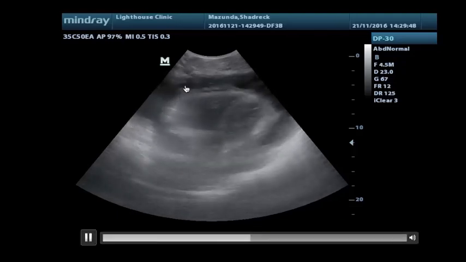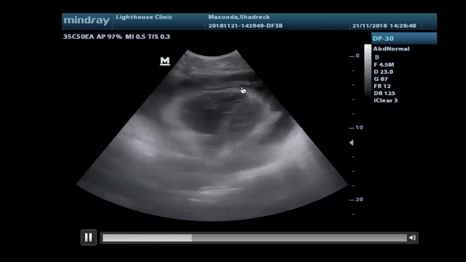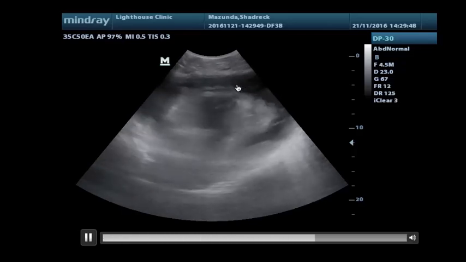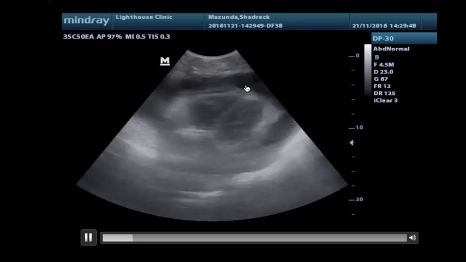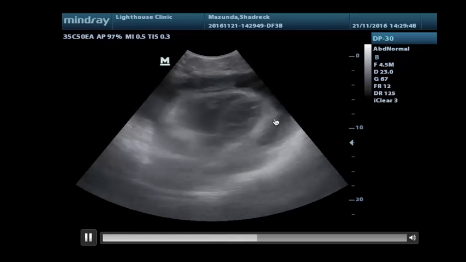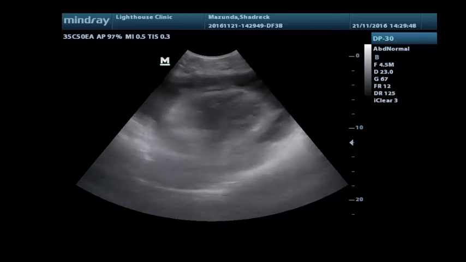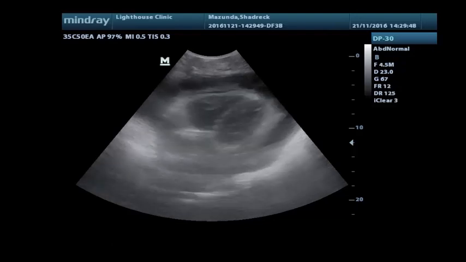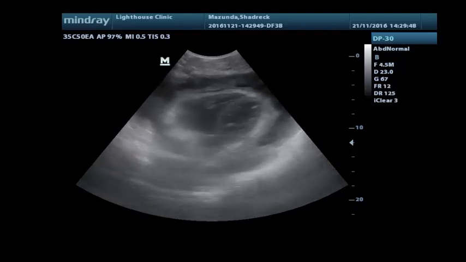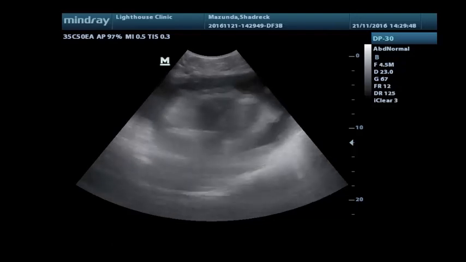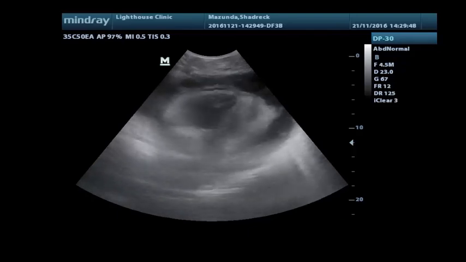And around you can see this anechoic fluid. And additionally, you see that there are fibrin strands and septa in here. It's like material that is covering the heart, and this of course shows you that this is of an exudative character, an inflammatory effusion, very typical.